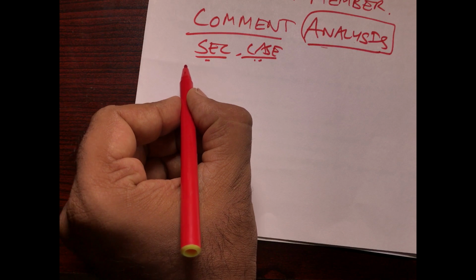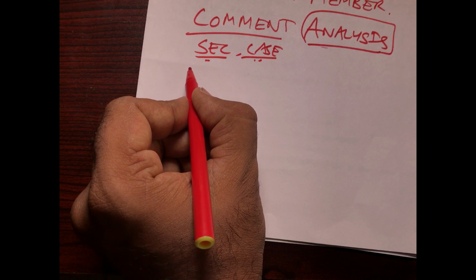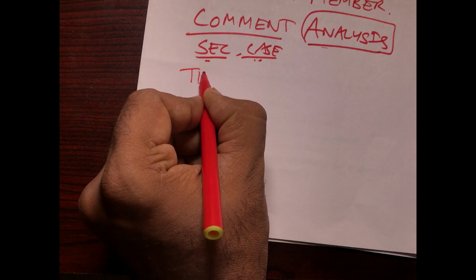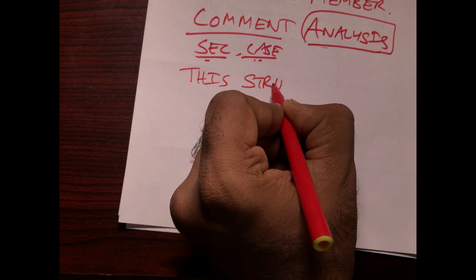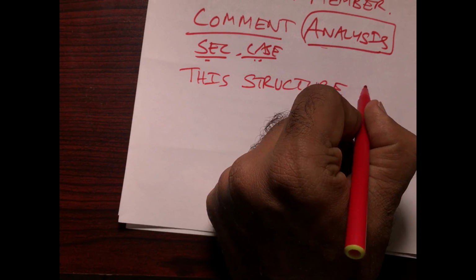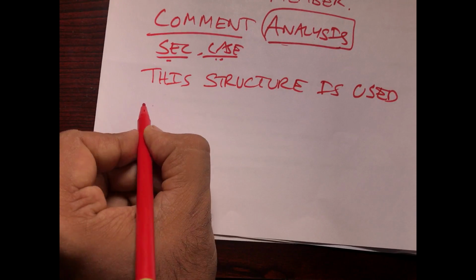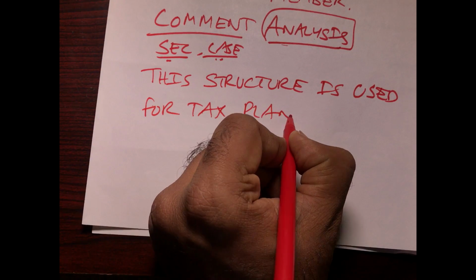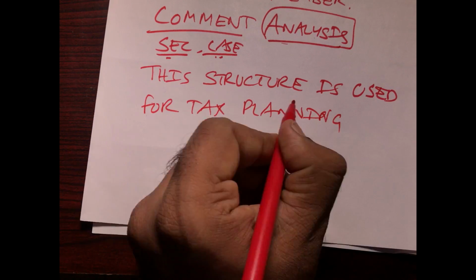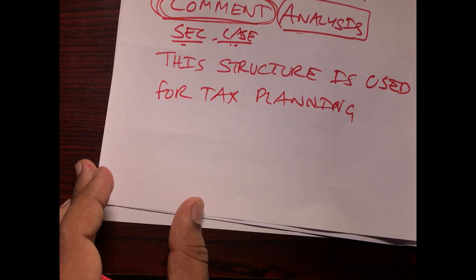For instance, in this question, LLP becoming a member of a company is used for tax planning. So you can write, this structure is used for tax planning. So that is part of your comment. You are giving an analysis, you are giving something more there.